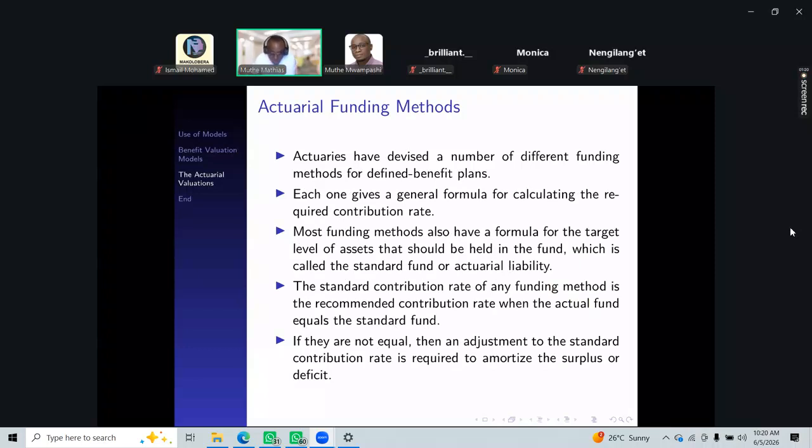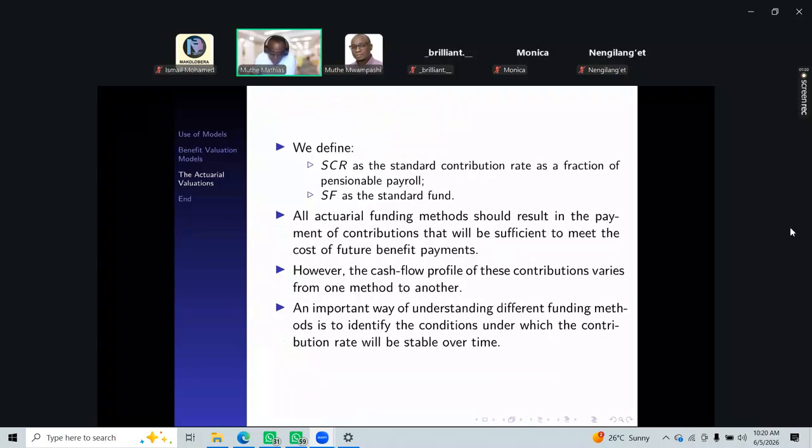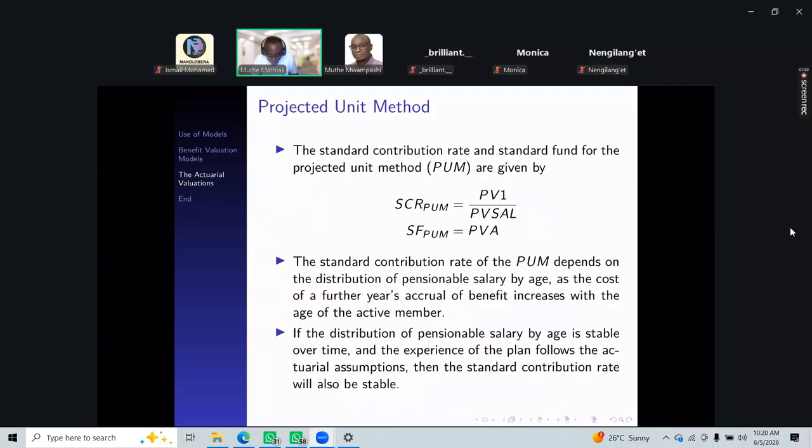So now let us see the funding methods, which are methods for actually estimating the contributions. So the first one is, okay, so maybe before I do that, let me define SCR as the standard contribution rate. And then of course we have SAF for the standard fund, right? So the standard fund, you will see that in our method, we are setting the standard fund equal to the, sorry, just 1 second.